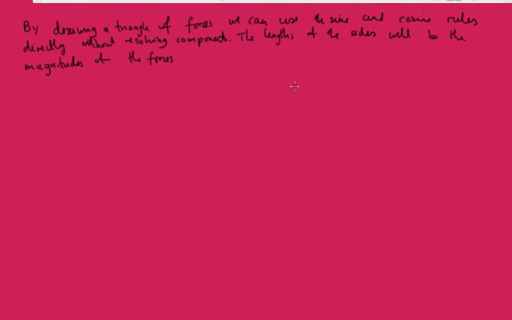So let's just quickly remind ourselves of the sine and cosine rules. So we've got A, B and C, and this is length, little a, little b and little c.